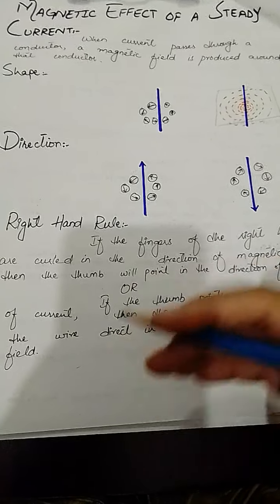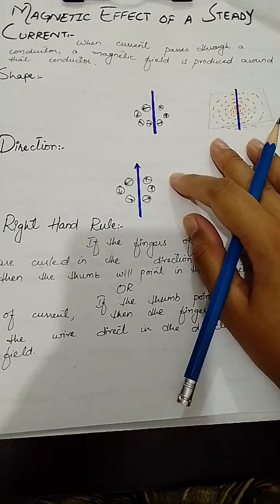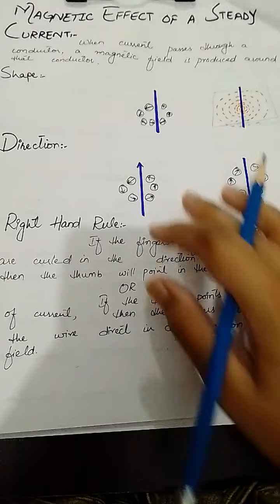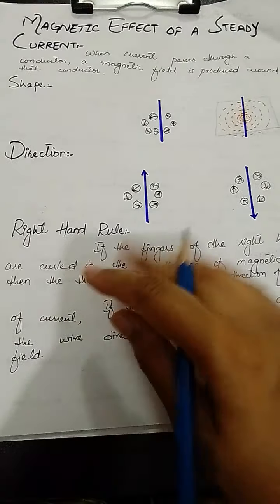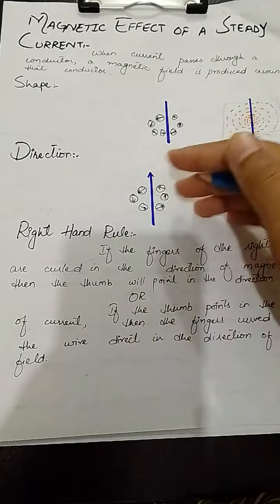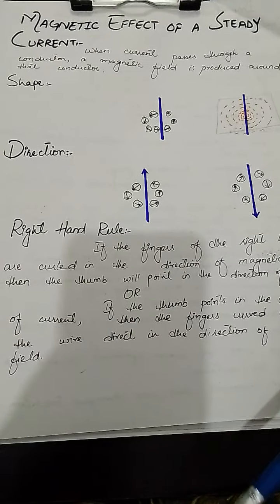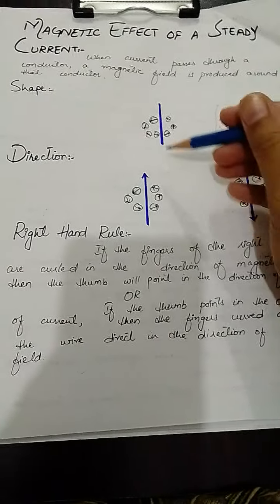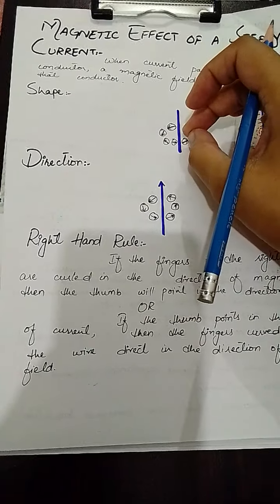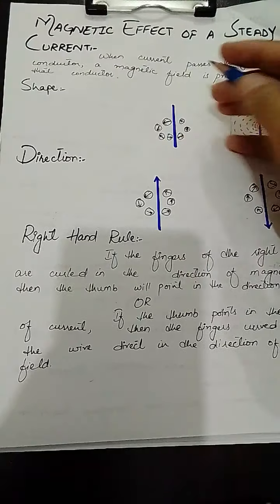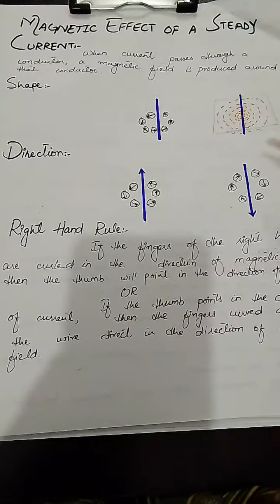Whenever any current passes through any conductor, whether it's a wire or any other kind of conductor, a magnetic field will be generated around that conductor, because the moving electrons arrange themselves in a certain direction due to the flow of current. That is why the magnetic field is produced.